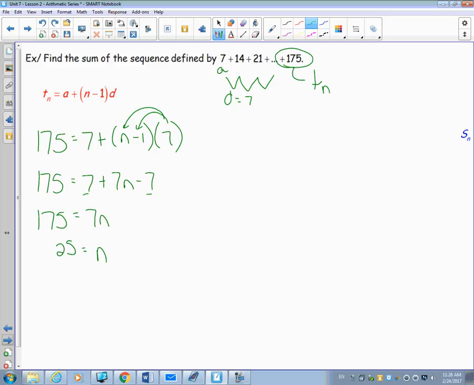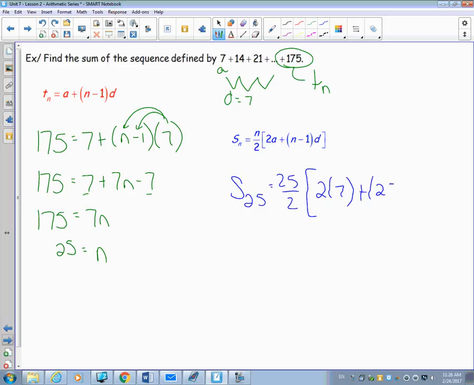Now that I know there's 25 terms, I can go back to my new equation, my sum. So the sum of 25 terms will be 25 divided by 2. Our first term was 7. We just said there's 25 terms, and my difference was 7.